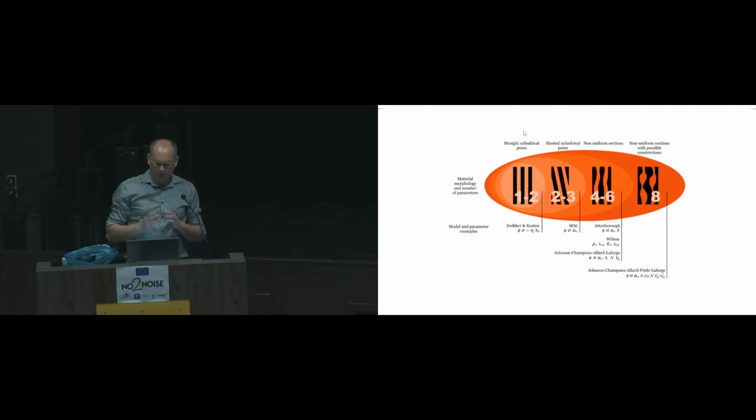If the geometry is only straight cylindrical pores, we need only 1 or 2 parameters. And we have models like the one by Zwikker and Kosten, the ones who introduced rho and K. If we have slanted cylindrical pores, we need to add another parameter which accounts for the orientation of the pores.